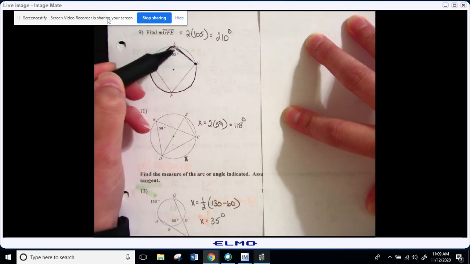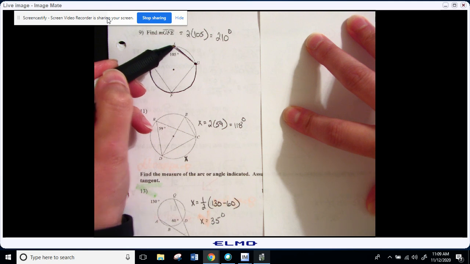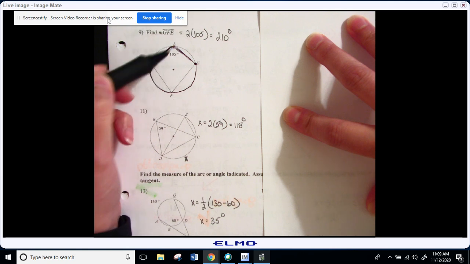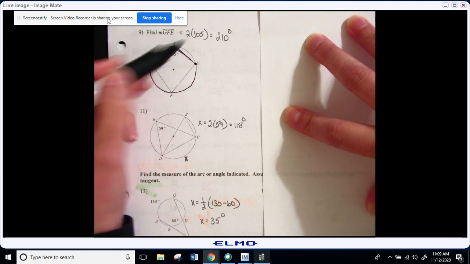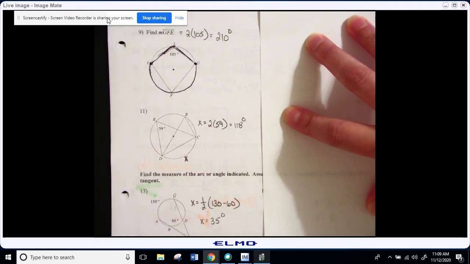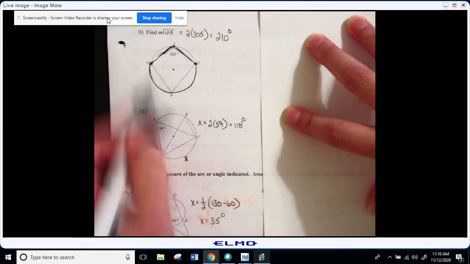So that angle is on the circle. It's half of the arc. So if I doubled that, I would get the arc. So 2 times 105 gives you that whole arc.